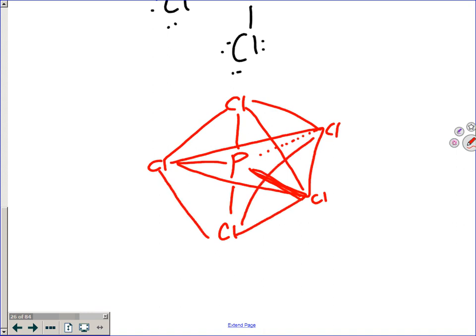So it's trigonal in the middle, pyramid, pyramid. That's called trigonal bipyramidal. You gotta be able to see it. Say it. Write that down.